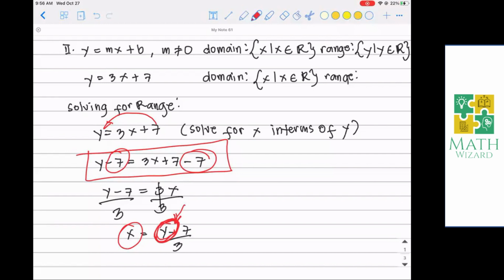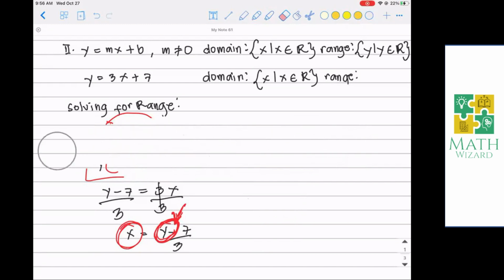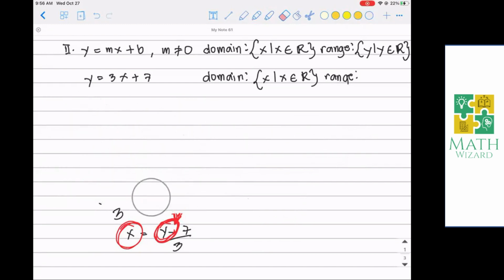Sabi ko nga kanina, kapag tayo ay nagtanim ng mangga, automatically ang output natin ay mangga din. So that's how it works in solving for the range. So bakit ang ating range ay the set of real numbers.